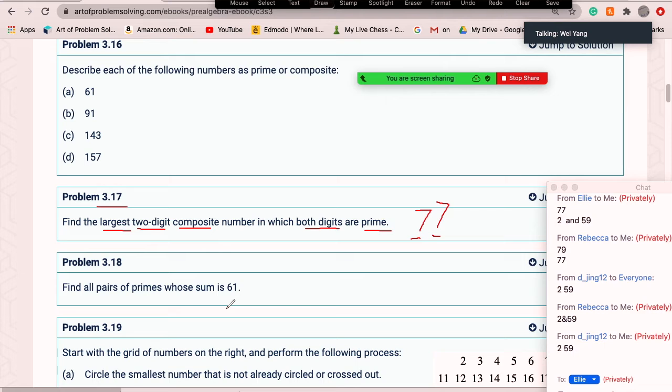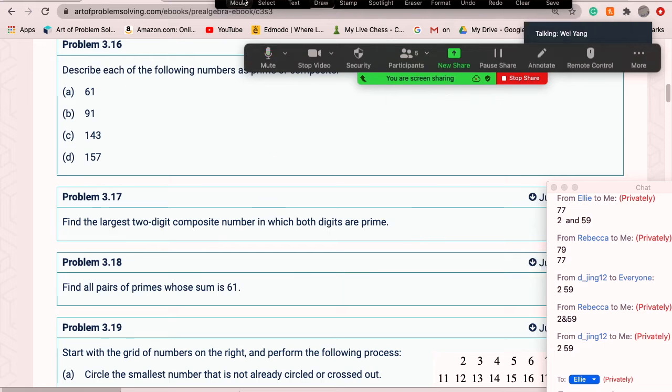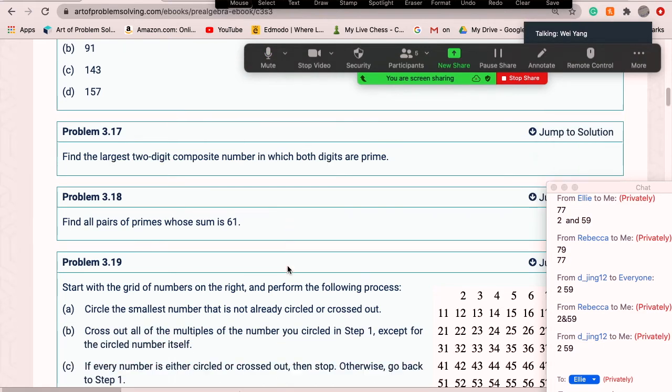Everybody got this one right. So the correct answer is 2 and 59. No other pairs, only this one. Very good. Now let's go to the next problem.